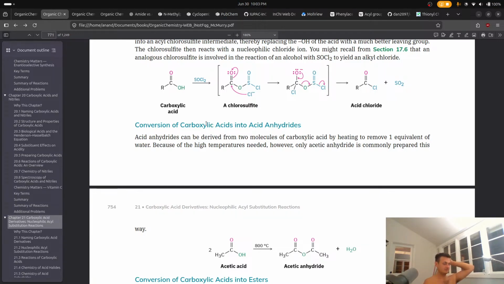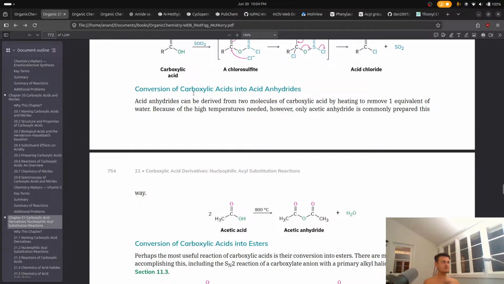Okay. Now it's anhydrides. All right. Acid anhydrides can be derived from two molecules of carboxylic acid by heating to remove one equivalent of water.